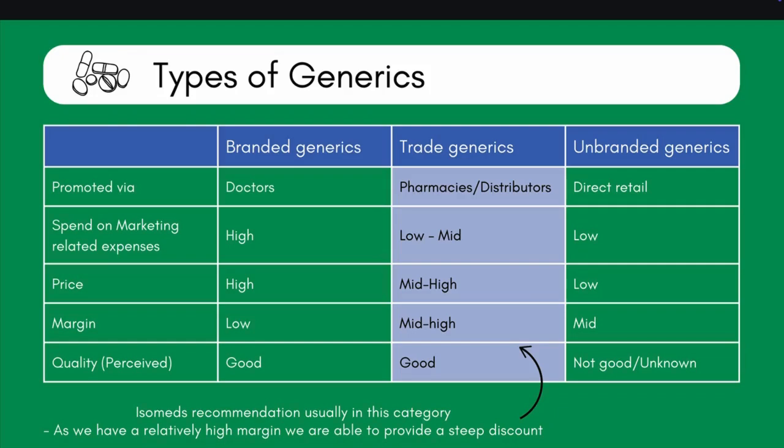Okay, the perceived quality is obviously very good in branded generics. Trade generics is also good, and unbranded generics is not known and not good. So Isomeds usually works in the middle category of trade generics. So that's how we make the difference, and that's how we provide good margin on medicines.